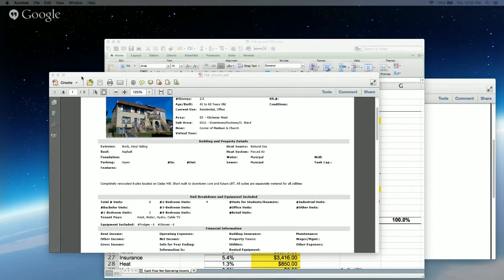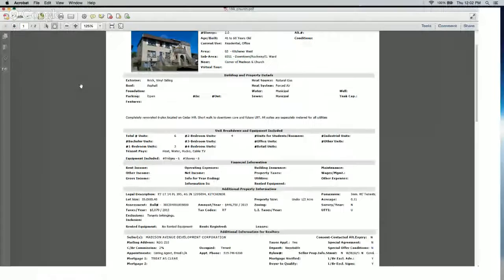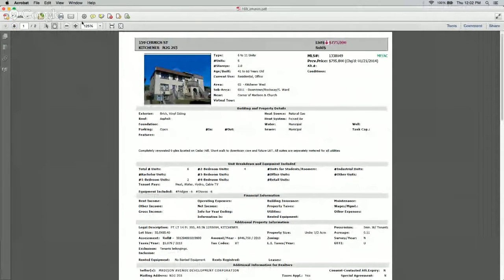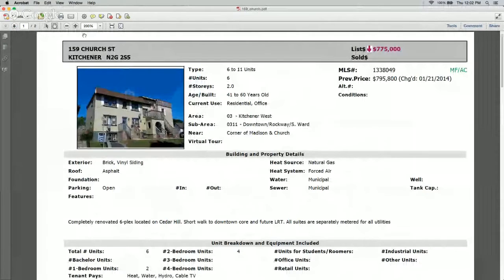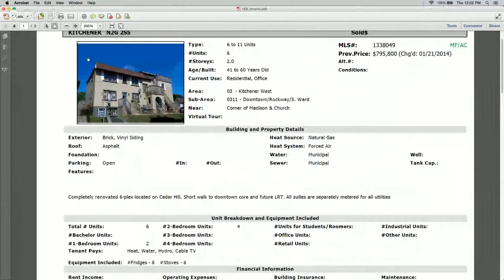Let me just open this up. That's better. So this is a 6-unit building in Kitchener, originally listed at $795,000.